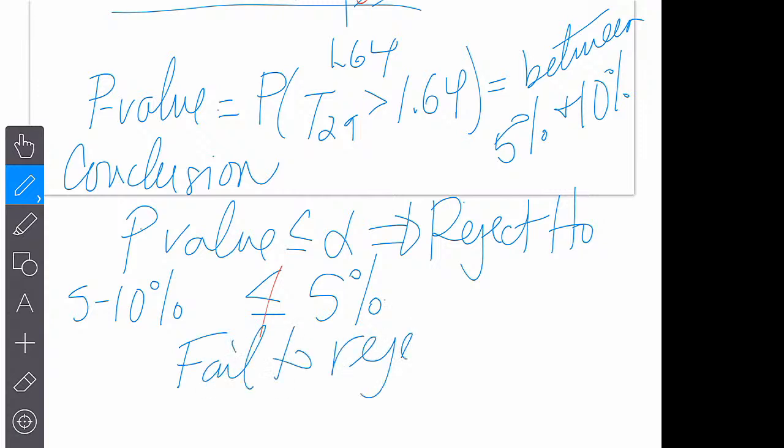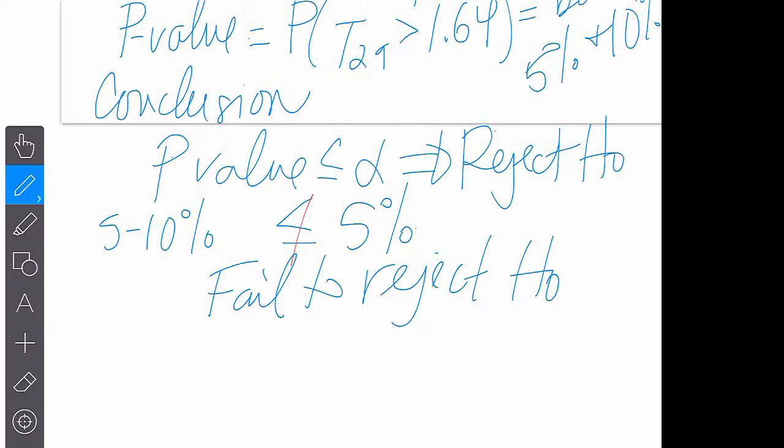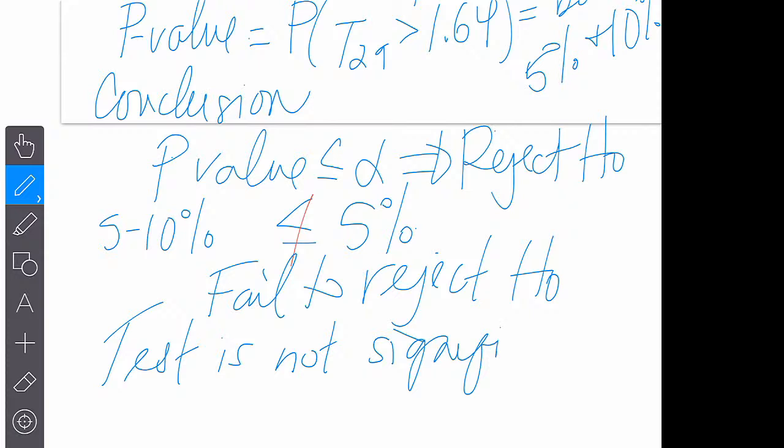So what does it mean in the context of the problem? The test is not significant. The test is not significant, or the test score did not improve.